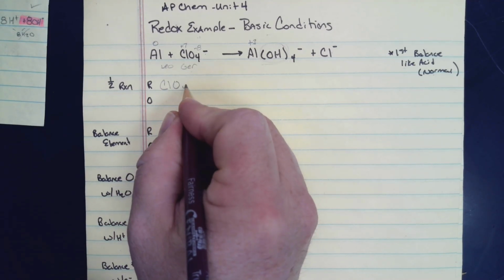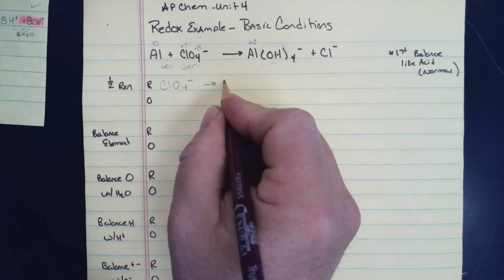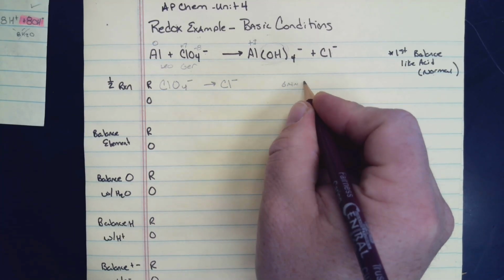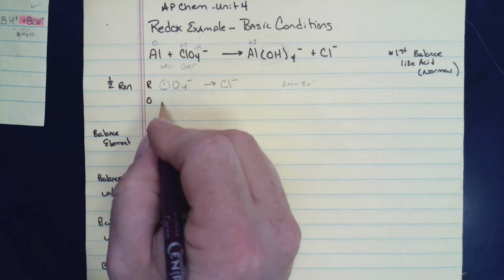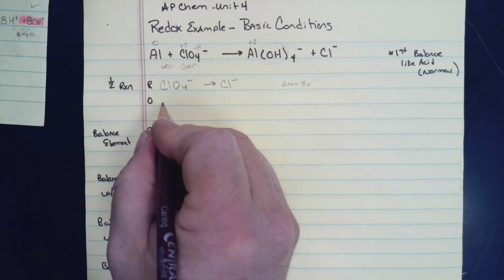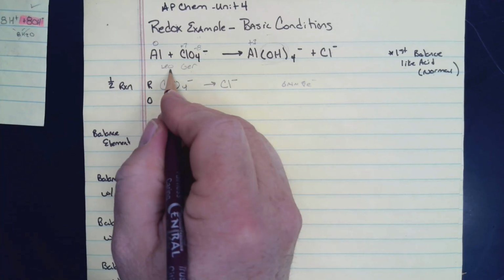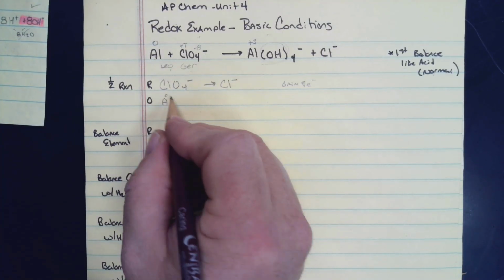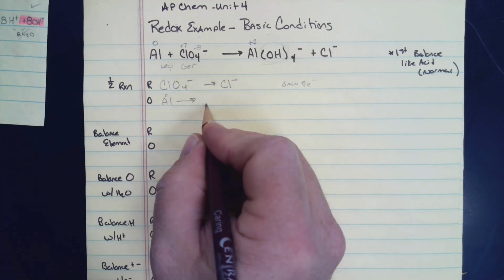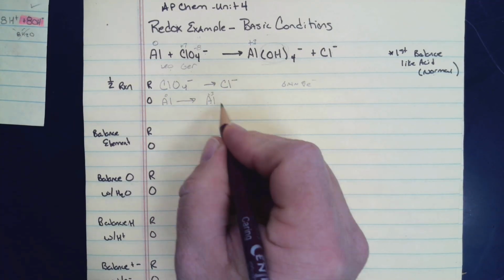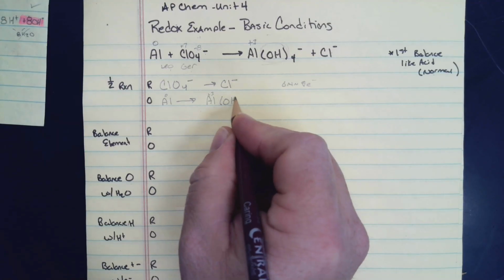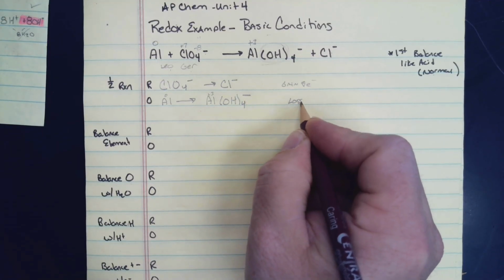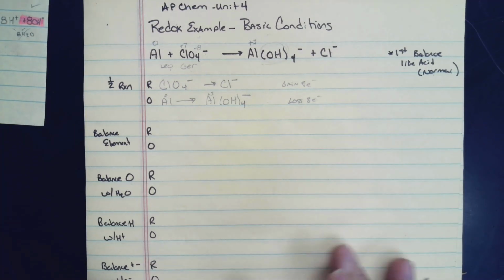So this one gained 8 electrons. Our oxidation one was the aluminum because it's going to lose electrons. So it went from a 0 to a +3. And this was a loss of 3 electrons.